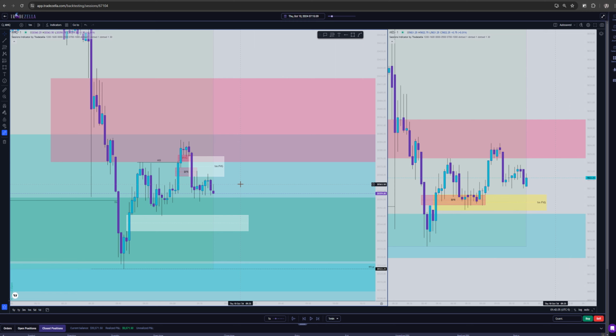All right. So looking at a daily time frame, we're seeing a bearish candle momentum. I kind of want to mark out the previous day open.